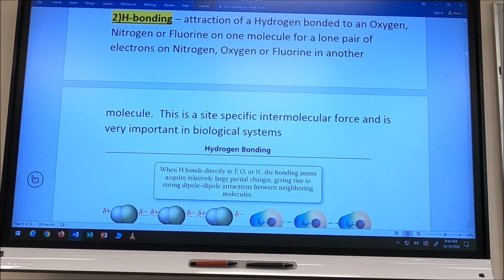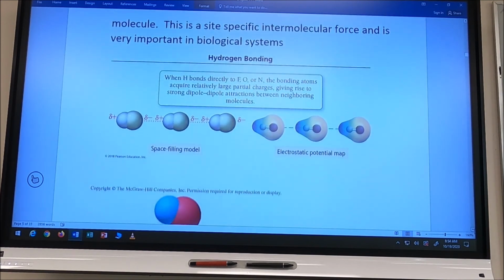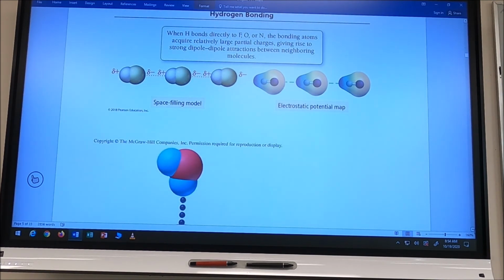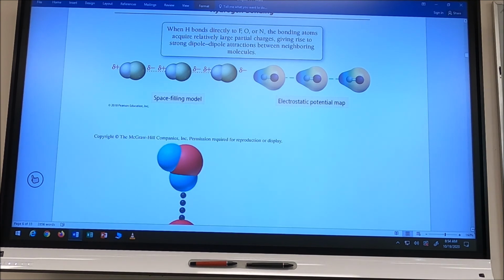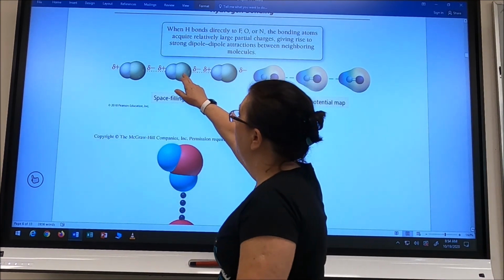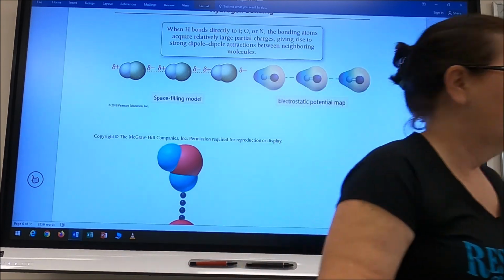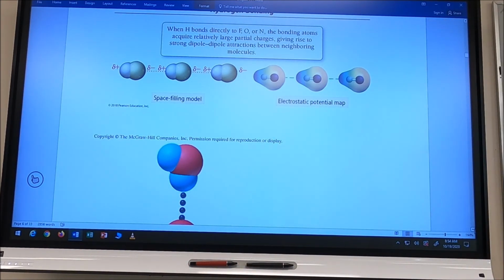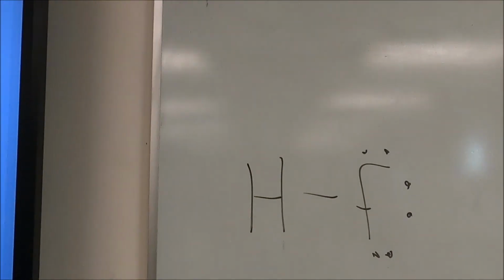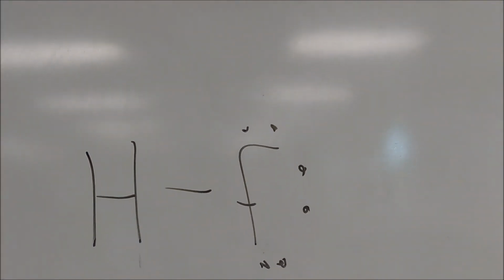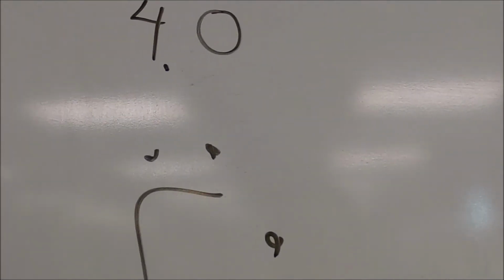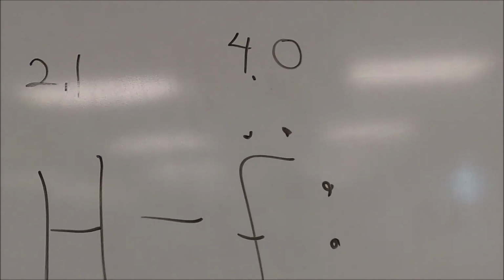So let's start by looking here at HF. Fluorine atom, hydrogen atom. Now let me draw an HF here, draw its Lewis dot structure. So here's HF. What I want you to notice, the electronegativity of fluorine is 4.0, hydrogen is 2.1.